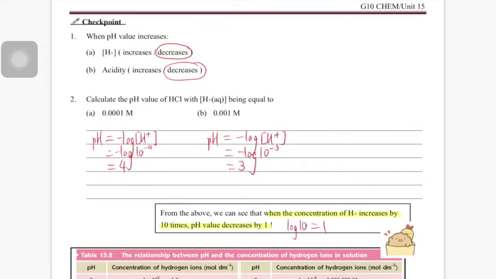So whenever your concentration increases by 10 times, when you take log, it would only change by 1. And this is indicated by the pH value. So here, from A to B, we actually increase the concentration by 10 times. However, the pH value only decreased by 1.